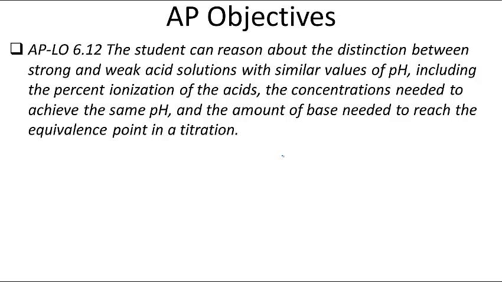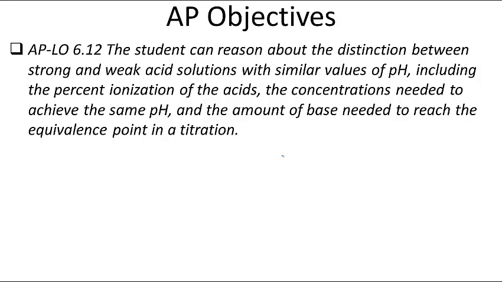All right. Distinction between strong and weak acid solutions with similar values of pH. So a strong acid, a solution of HCl at a pH of 2, and a solution of acetic acid at a pH of 2.